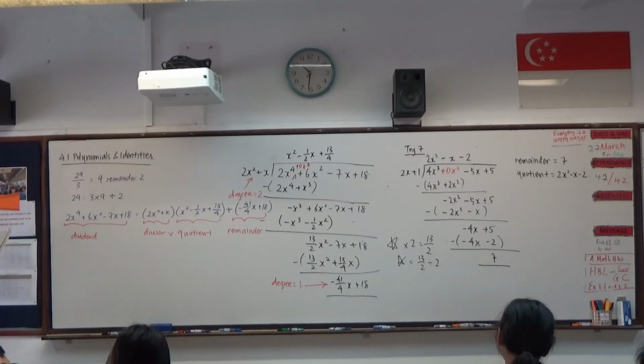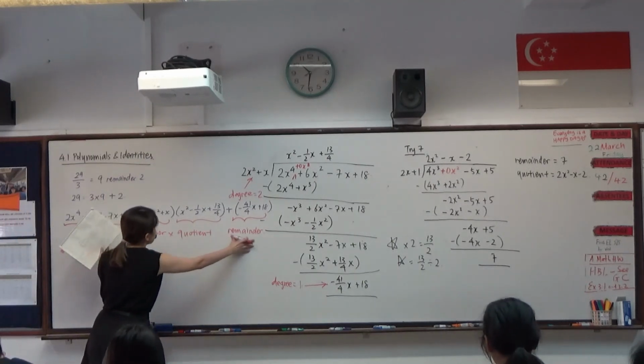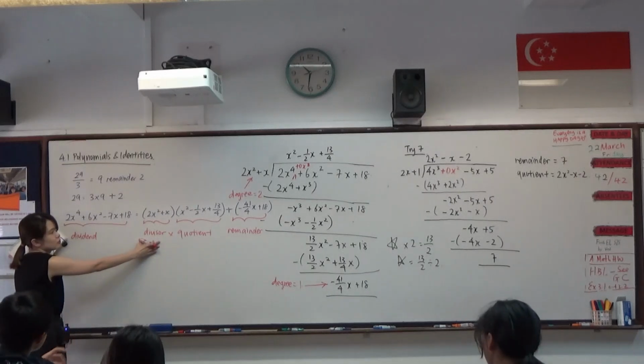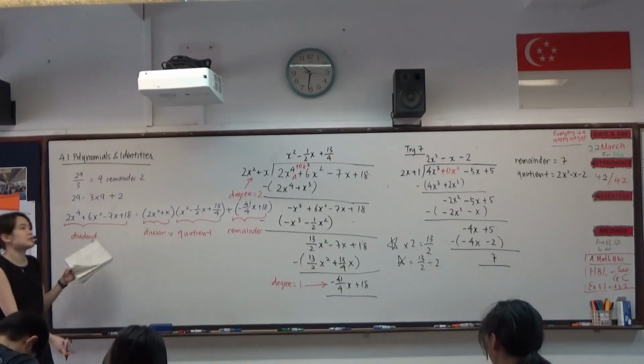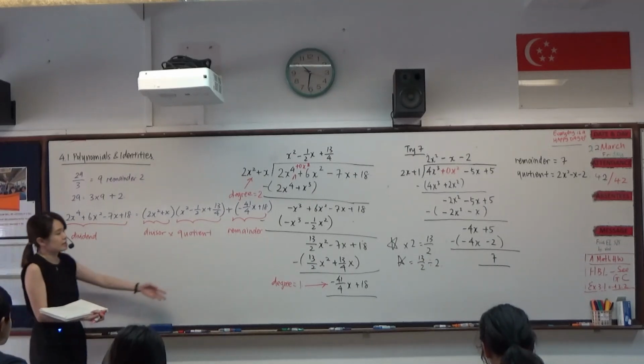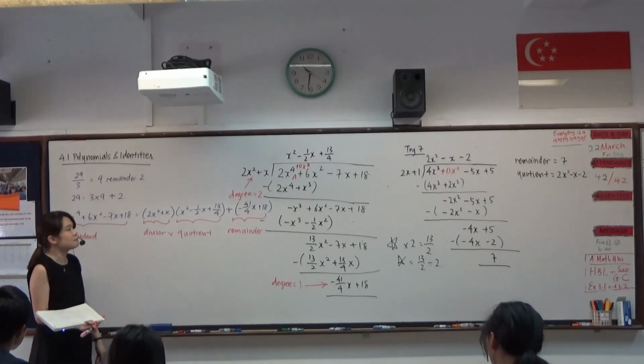One important thing is that the degree of the remainder must always be less than the degree of the divisor. That helps us in terms of our long division. That's when we know that our long division has stopped.